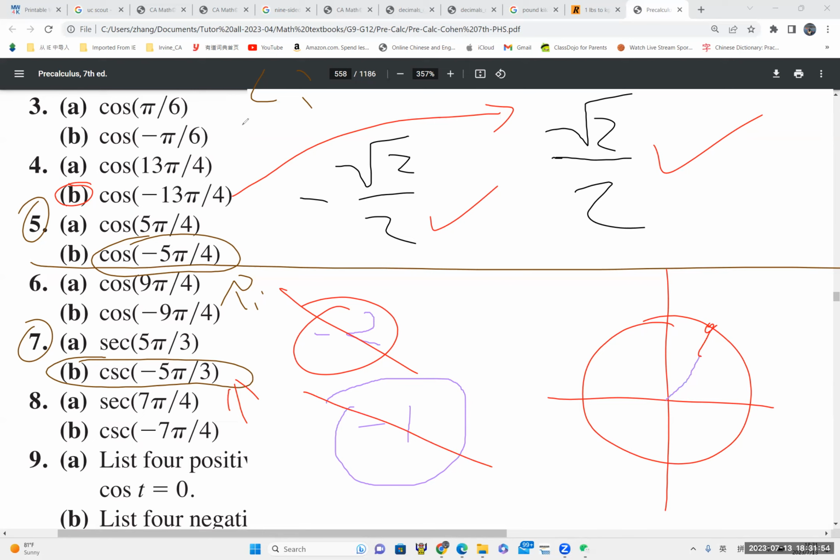This should be, let me see. Is it the reciprocal of sine, right? Yeah, wait a second.